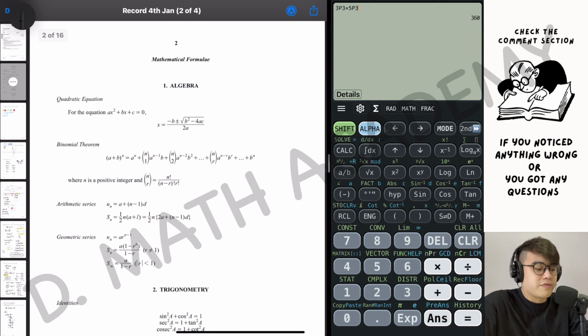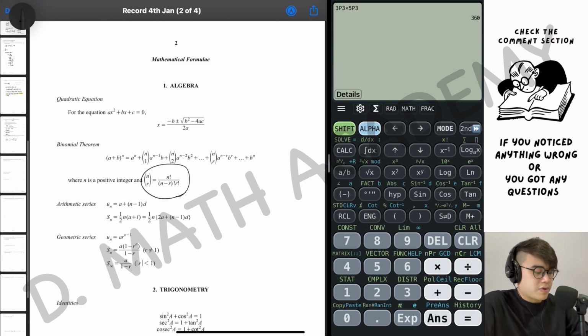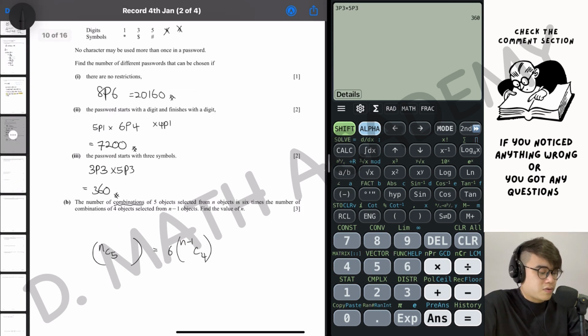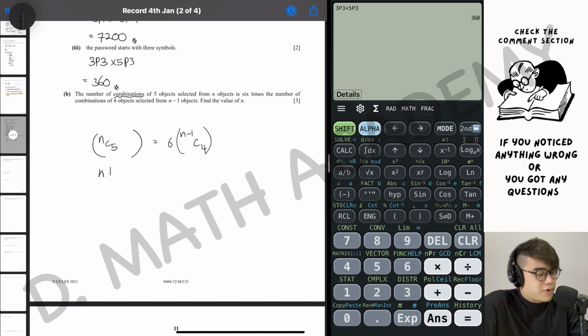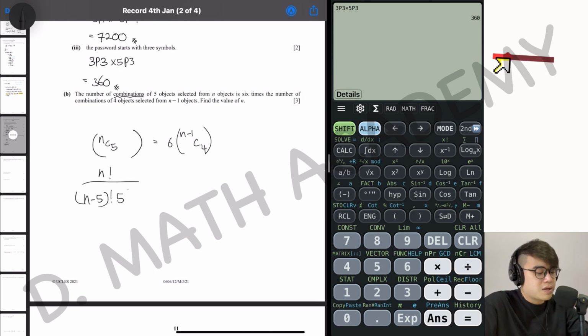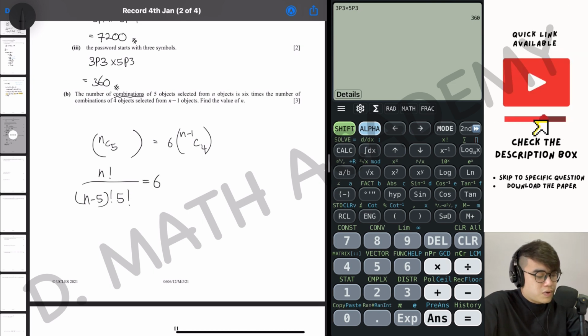This is what they are referring to: n factorial, n minus r factorial, and r factorial. So n factorial over n minus 5 factorial, 5 factorial equals 6 times n minus 1 factorial over n minus 1 minus 4 factorial, 4 factorial.